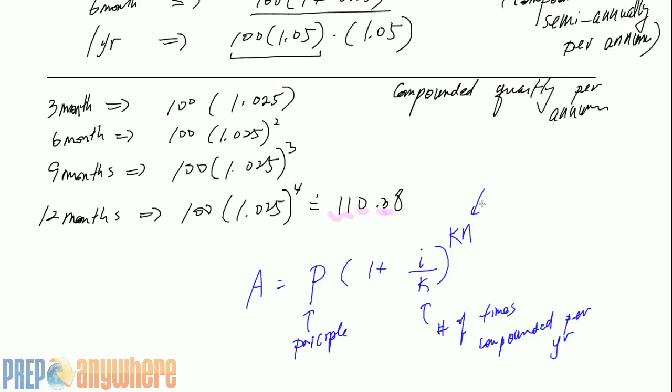Now n is the number of years. The example we just talked about was for 1 year. If you increase it to 2 years, 3 years, 4 years, this is going to increase.